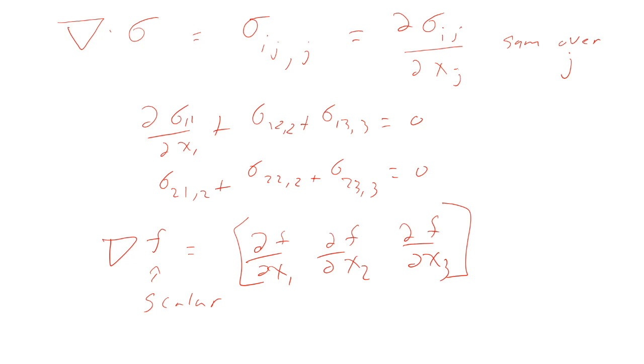So this is partial fi partial xj. And then let's be really careful about this. Actually, we play a little fast and loose sometimes.